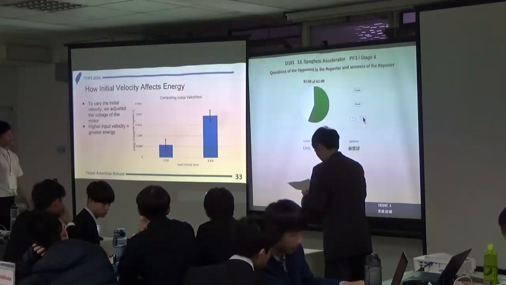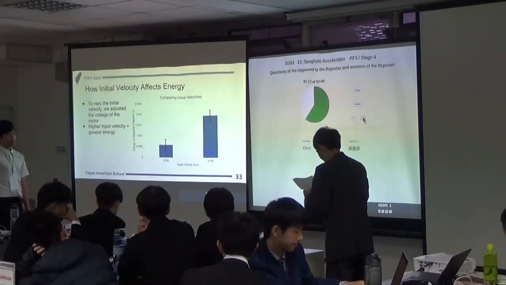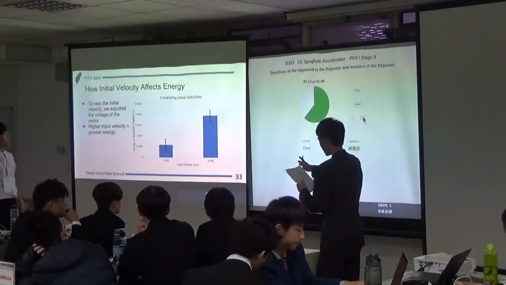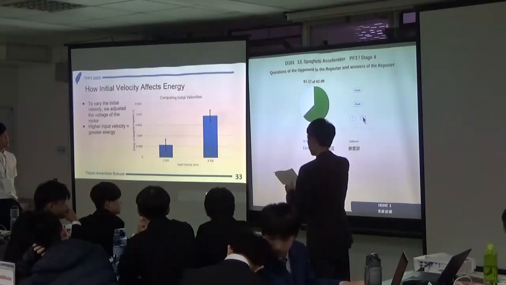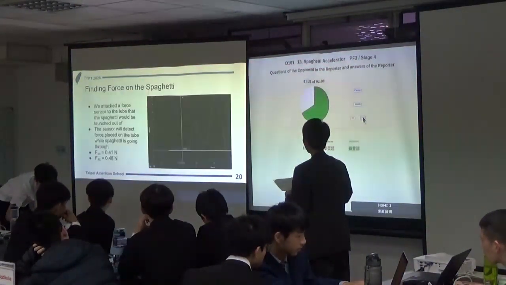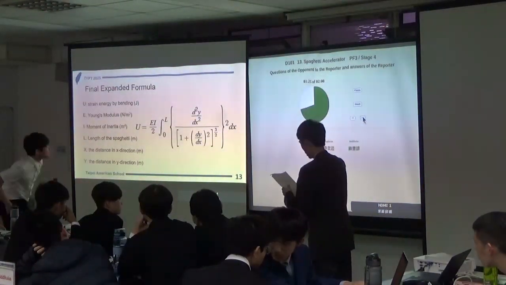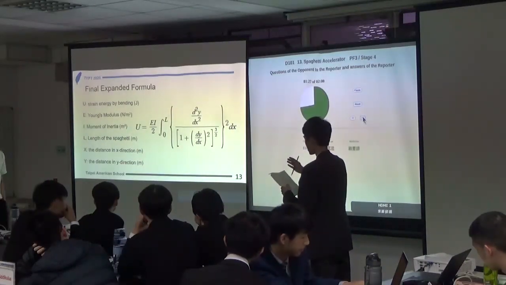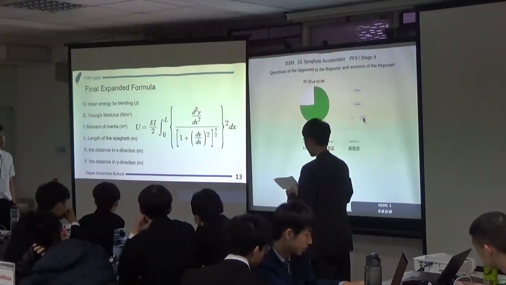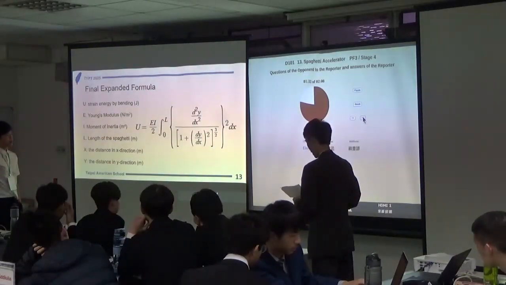Okay. Then I'd like to ask, on the beam theory page, next page. Is it here? Yes. Did you assume that the beam theory is under a steady condition? Yeah. Okay.